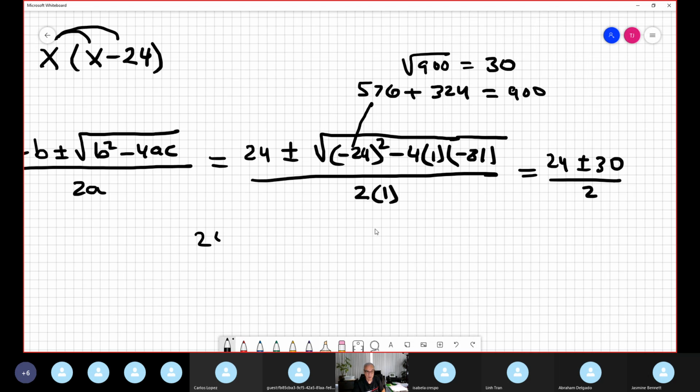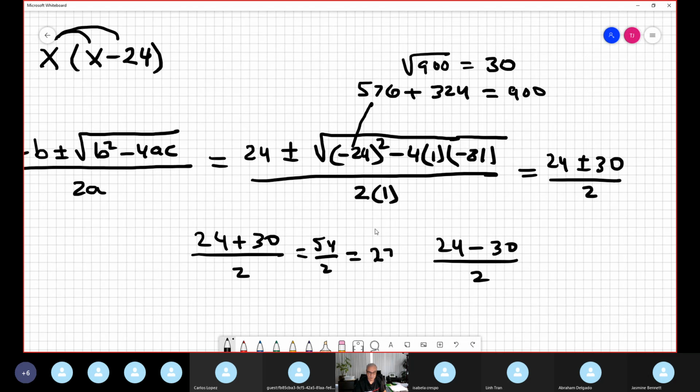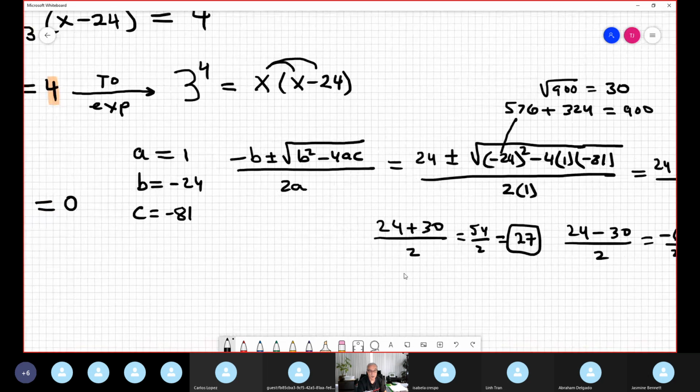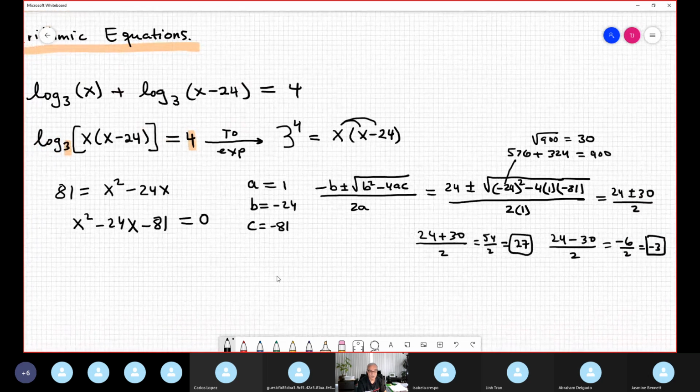Separate into pieces: 24 plus 30 divided by 2, and 24 minus 30 divided by 2. This is 54 divided by 2, which is 27. This is negative 6 divided by 2, which is negative 3. Wow! Look, factorization was easy, because suppose some students saw the combination.